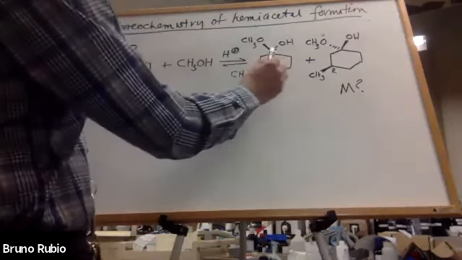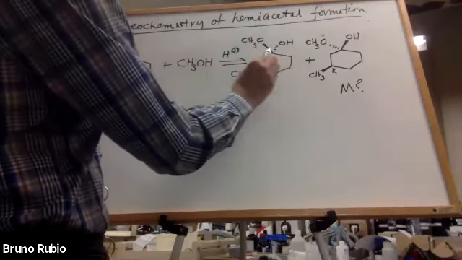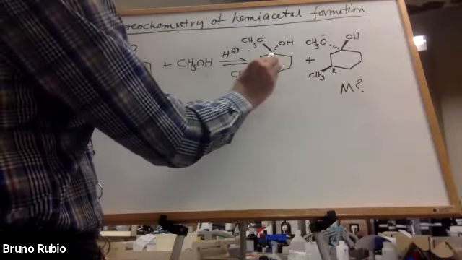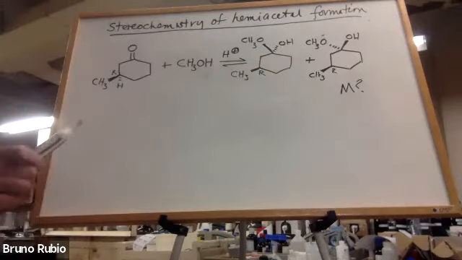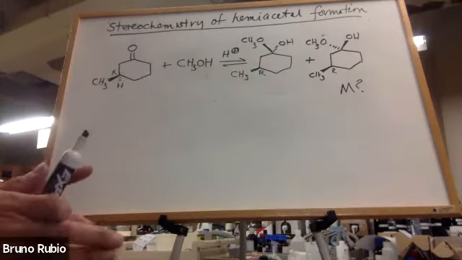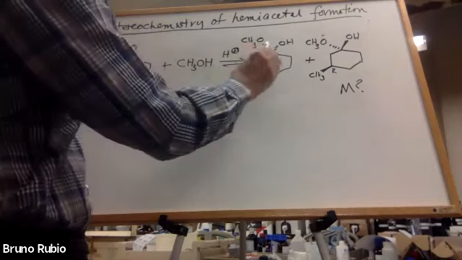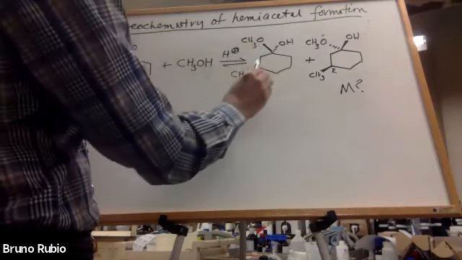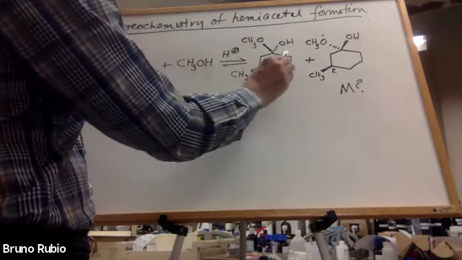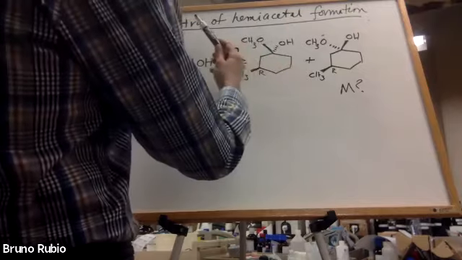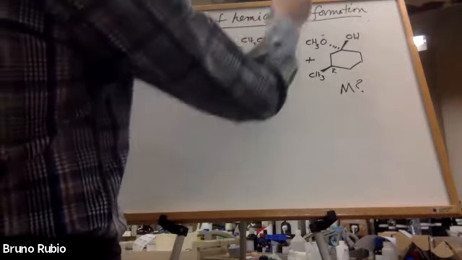All right, and so this guy here, that's a chirality center, and that's a chirality center. So a new chirality center has been created, and some of the time, let's see, what would be the absolute configuration here? That's going to lose. So it's 1, 2, 3, reverse.